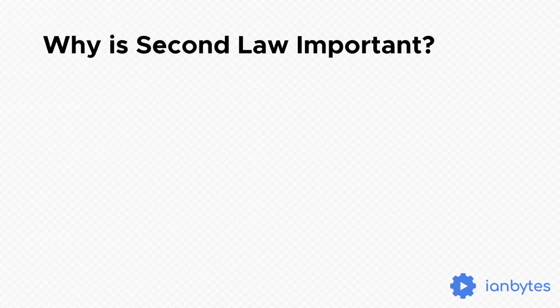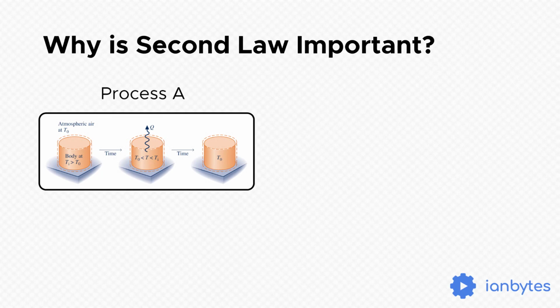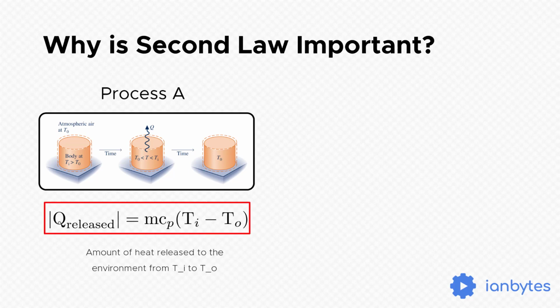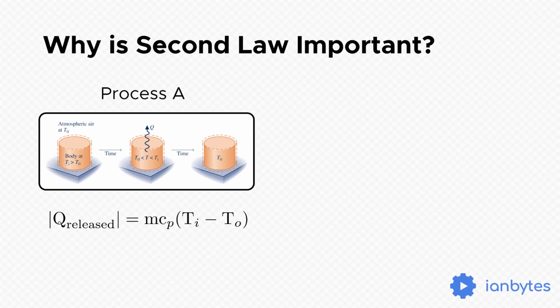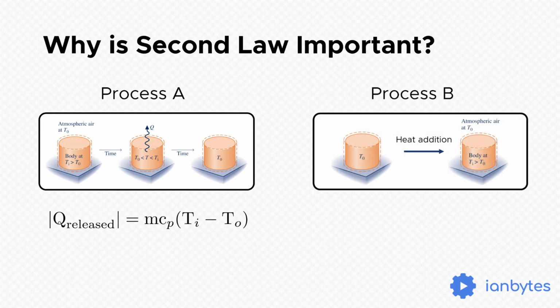Consider the amount of energy transferred by the hot body at Ti to the environment at T0 until the body reaches a temperature of T0. The amount of heat transfer associated with this process is given by m times c times the quantity of Ti minus T0. Also, i-consider din natin ang reverse process ng process na ito.